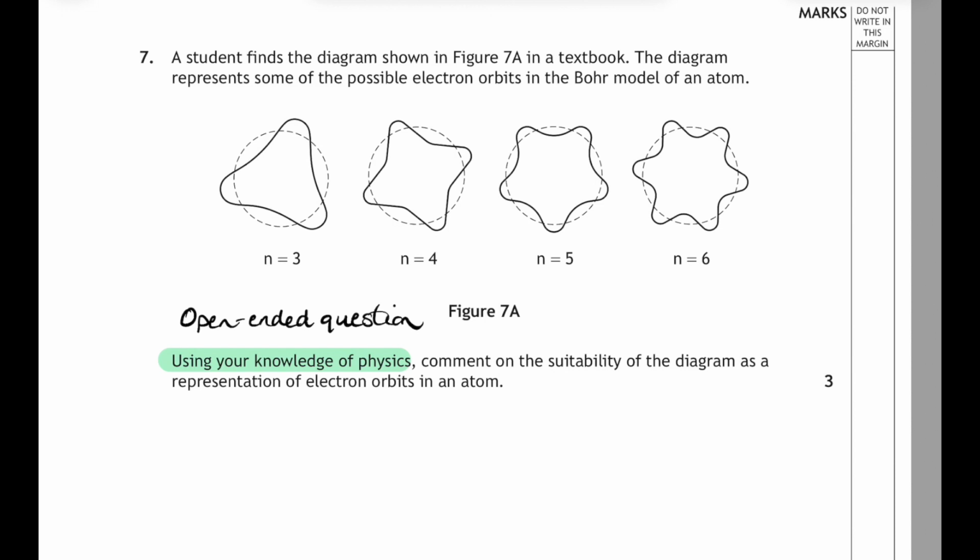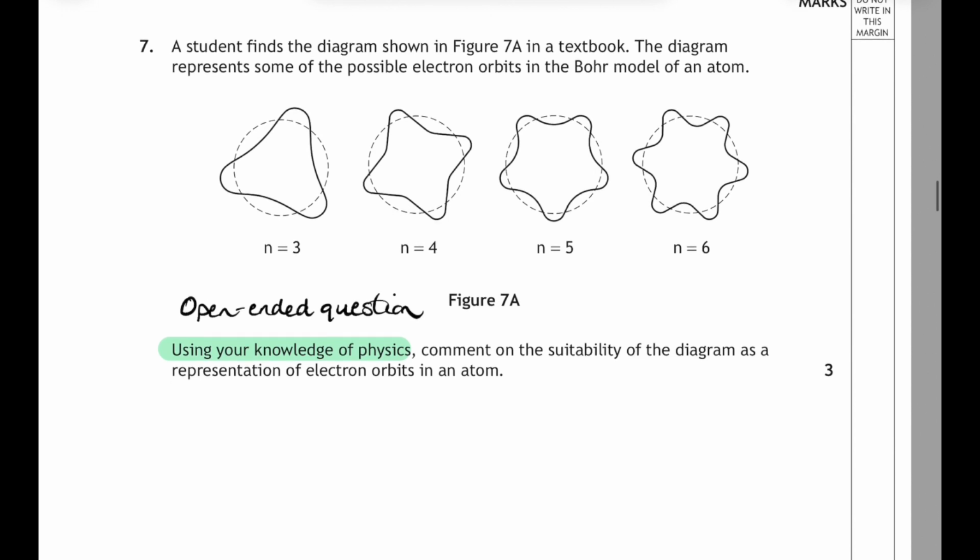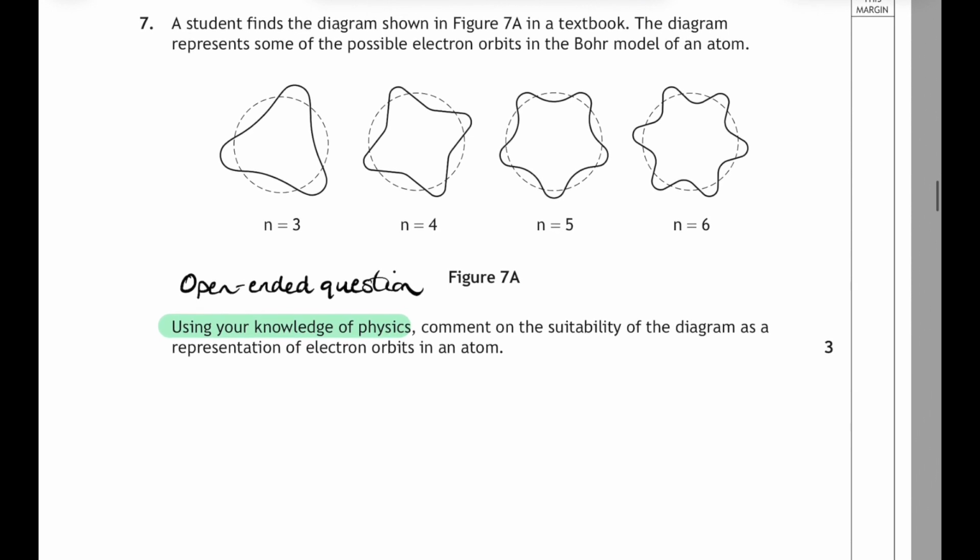So let's have a look at this one. It says a student finds the diagram shown in figure 7a in a textbook, and the diagram represents some of the possible electron orbits in the Bohr model of the atom. And we've to use our knowledge of physics to comment on the suitability of the diagram as a representation of electron orbits in an atom.